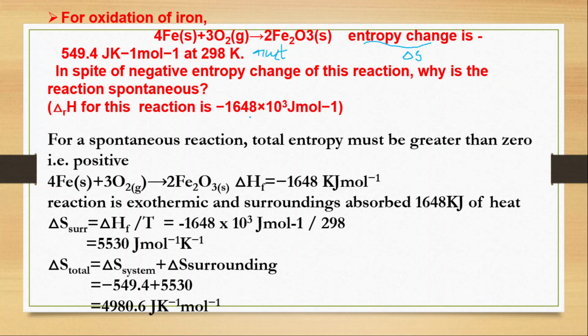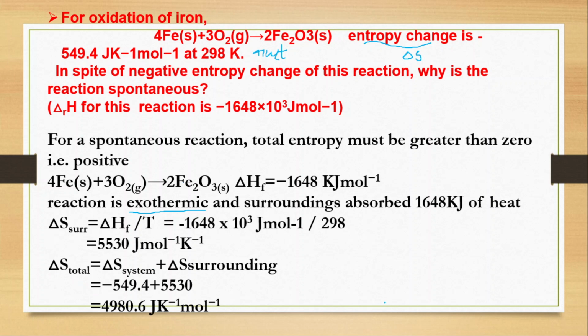So when this reaction is taking place, delta S is minus 549.4 and delta H for the reaction is minus 1648 into 10 to the power of 3 joule per mole. It is a spontaneous process. If delta H is negative, we can say that the reaction is exothermic in nature. Clear?